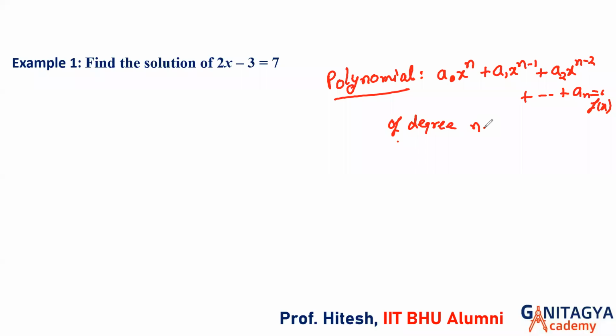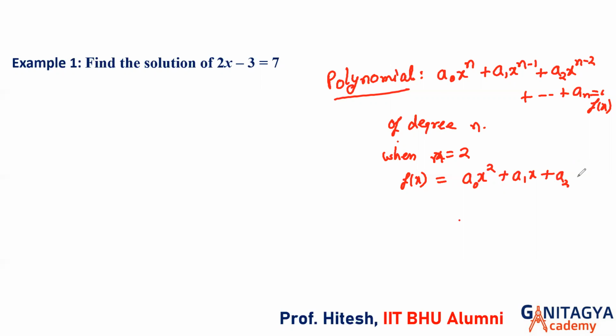So likewise, when n is equal to 2, this polynomial I can represent as a x square, then a1x plus b1, or I can write it a2.